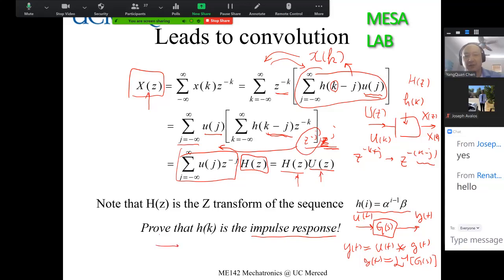Because this is a unit impulse input into G, so you get the Laplace transform of g t. So g t is called the impulse response function of the whole system. So in the transformation domain, you have Y of s is U of s times G of s. But in time domain, it is u t convolved with g t. So that's why convolution is so important for our system response study.